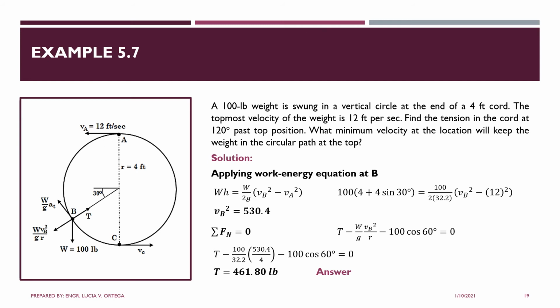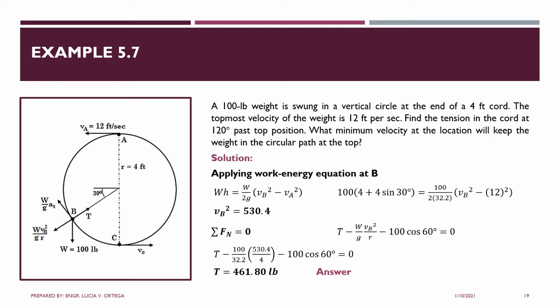Applying the work energy equation at B, work times distance, so we have to consider vertical distance, is equal to the change in kinetic energy. So what is the work? Weight, 100 pounds, times the vertical distance.